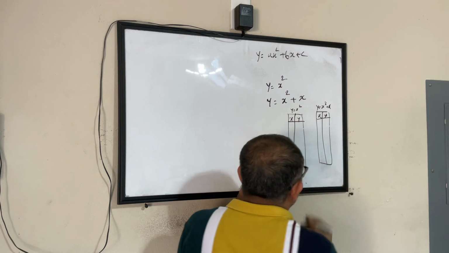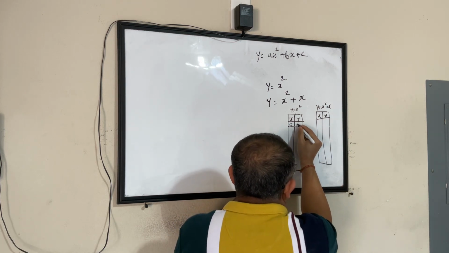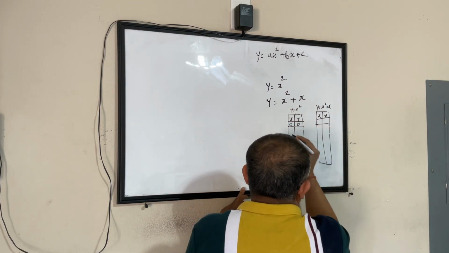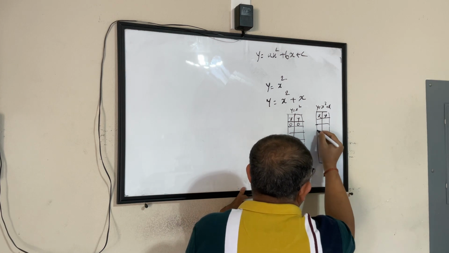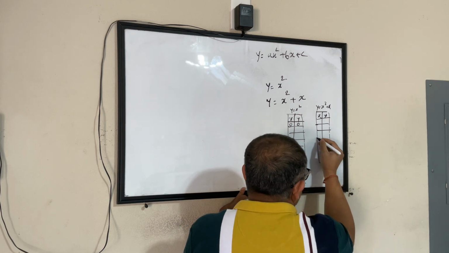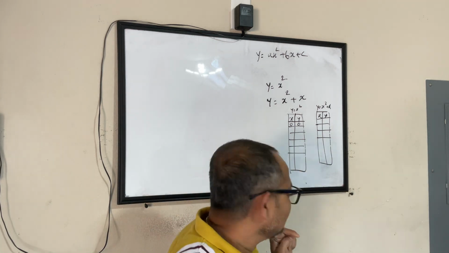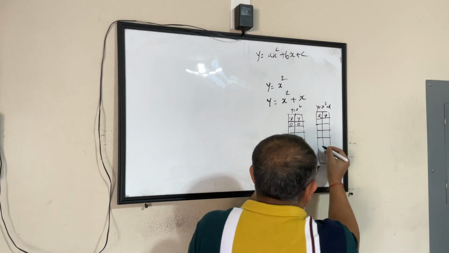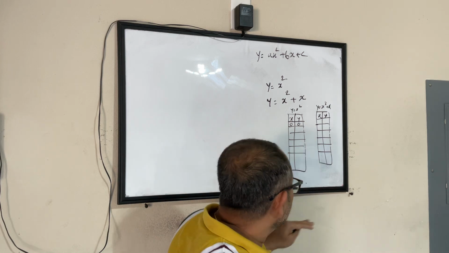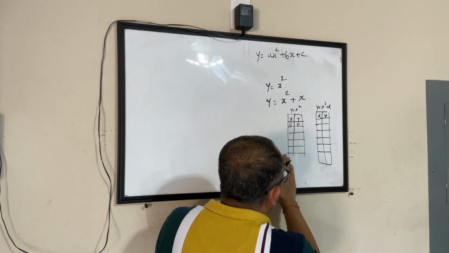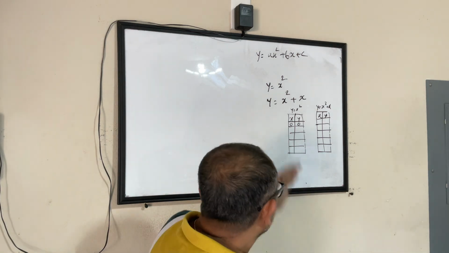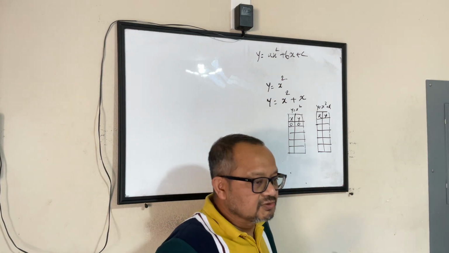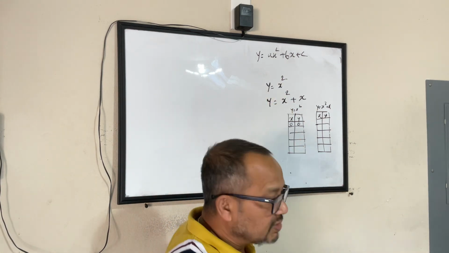I'm doing boring stuff because that is how you guys will be able to relate it better. I'm not saying that you guys are boring, but probably as a teacher I'm a little boring. Now let's look at 5 points in both the graphs. Let's identify 5 points for plotting both the parabolas. Obviously, both are parabolas, there's no denying that, because both have maximum power 2.